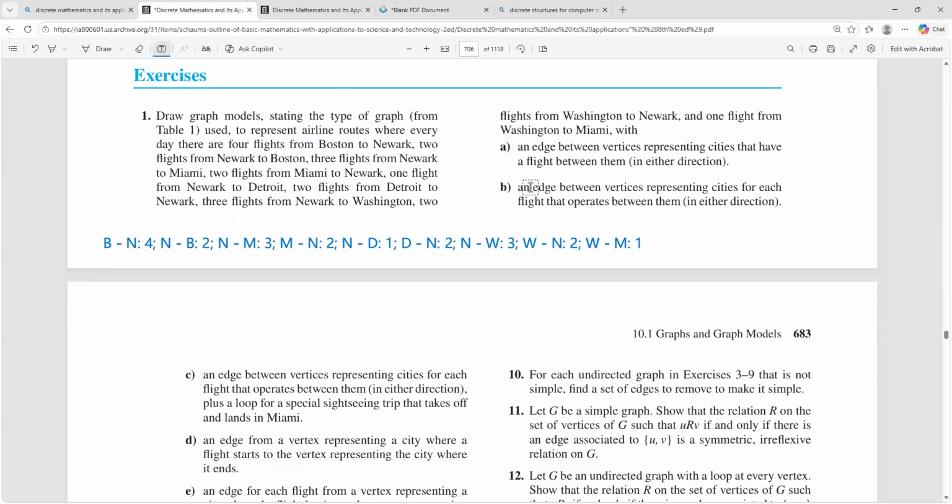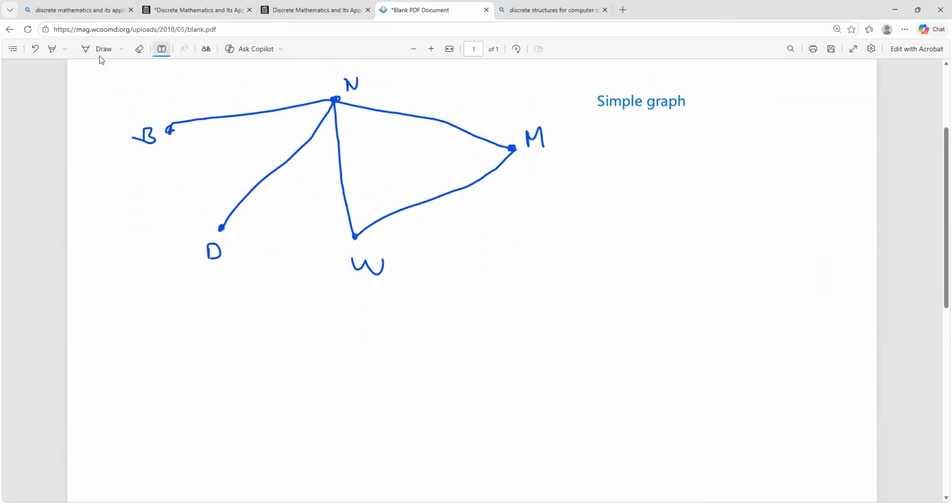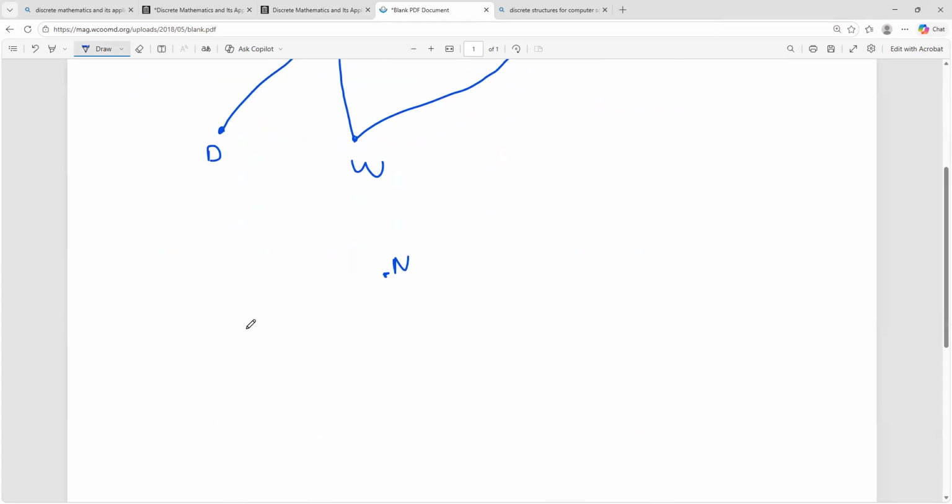An edge between vertices representing cities for each flight that operates between them in either direction. Okay, so now it changes up a bit. Now we have, this is New York. I'll draw it a bit smaller.